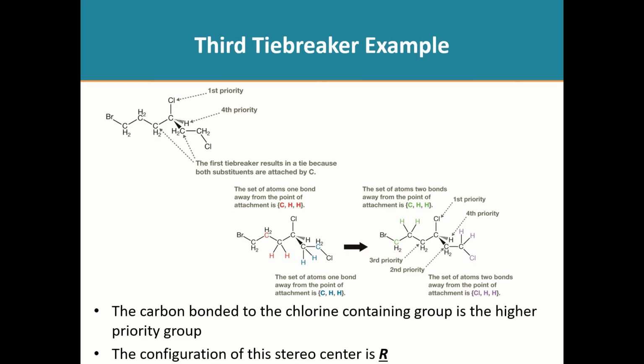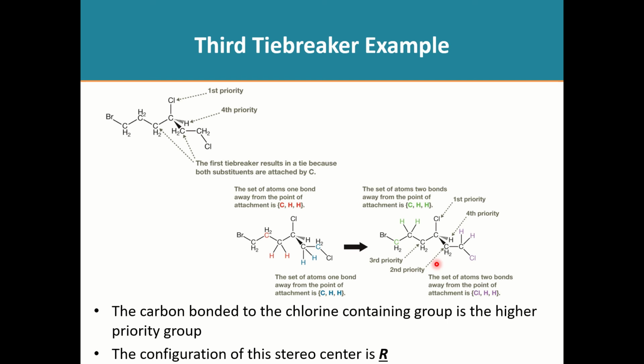Okay, so this is the flow chart of how we did it. This is our original. We then look at the next carbons and what's attached to them. We get a tie, so we have to move to the next carbons, and then we see if we can break the tie. And if you can't break the tie on the third try, you just keep going further and further out until you find a difference.